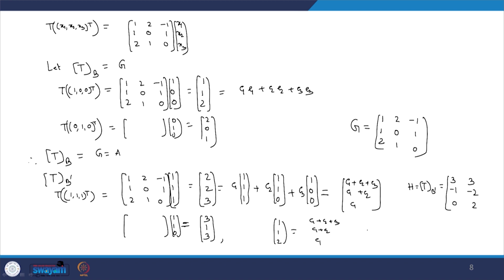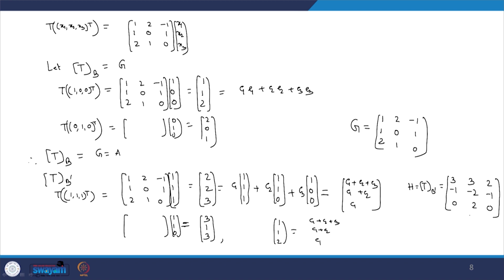So, this implies C1 equal to 2, and C2 is equal to 1 minus 2 is equal to minus 1, and C3 is equal to again 0. So, we will have this one. So, I will have the matrix representation of T relative to ordered basis B prime equal to capital H equal to this matrix.